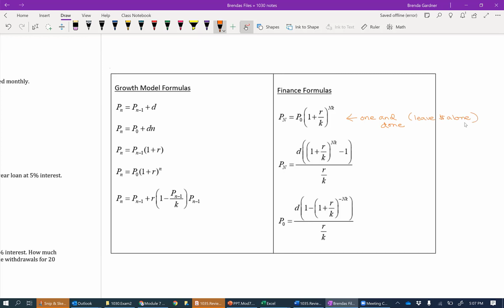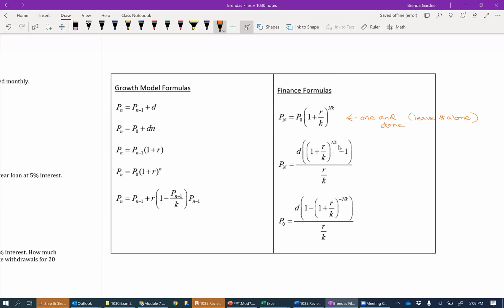That can happen on some of the questions, but it doesn't happen as often as the other applications. That would be something like your grandma passes away and leaves you $5,000 and you just put it in the bank and save it until retirement. You don't add anything to it and you don't take any money out. You just leave it alone for a certain amount of time. That's your most basic formula.